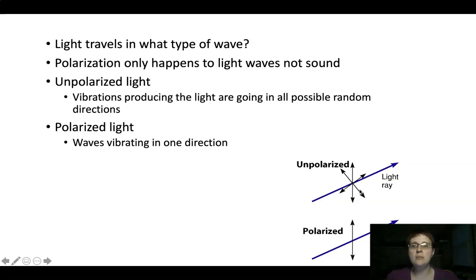On the other hand, polarized light are just waves vibrating in one direction. You can see that the light is going forward, just like with unpolarized light, but all of the waves are traveling together in one up and down motion. So in this case, they're all going straight up and down.